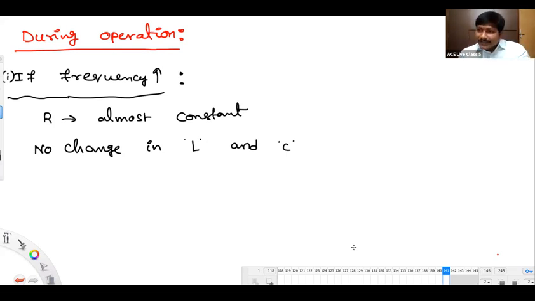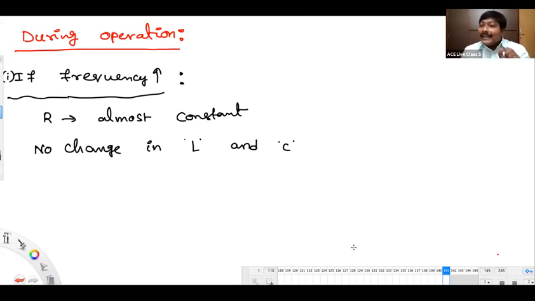Dimensions of the system in the sense, size of the conductors, spacing between the conductors, conductor type, and material you are using. These physical parameters will decide the values of RLC.